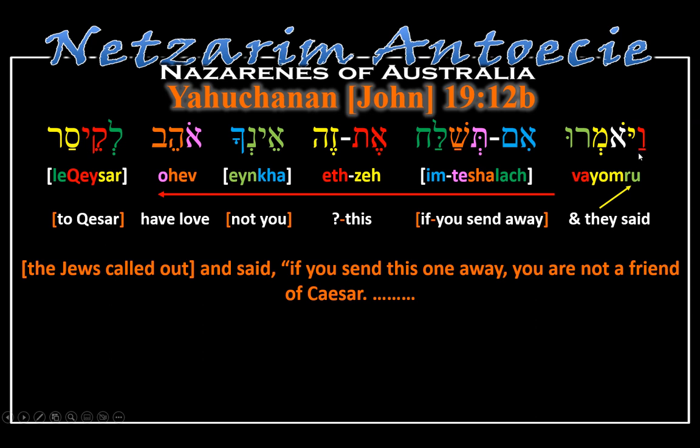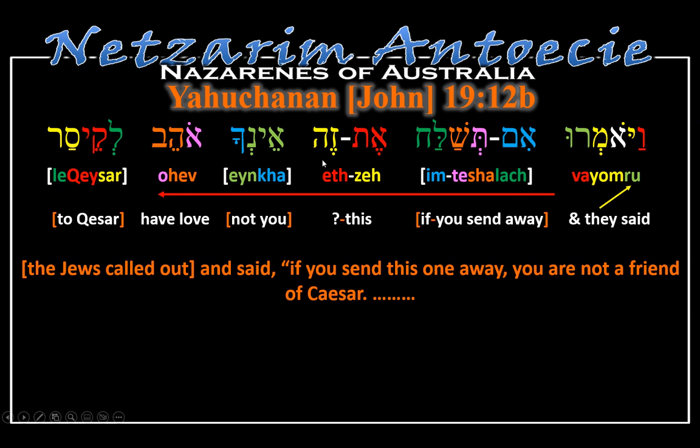And we read it. Vayomru, and they said, again the u is they, im te shalach, which is if, and the tav tells you it's second person, you send away, because we know shalach means to send, right, to dispatch.